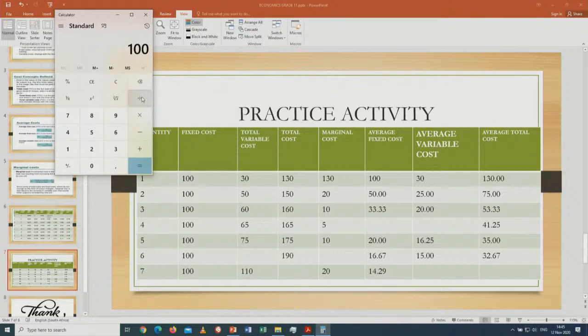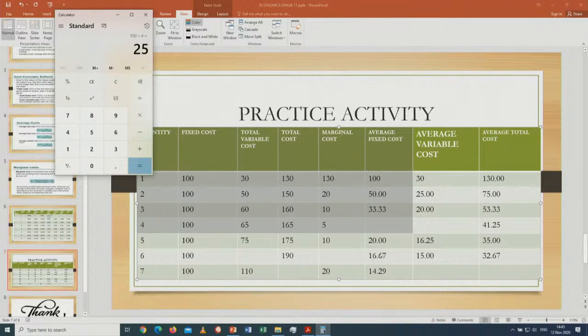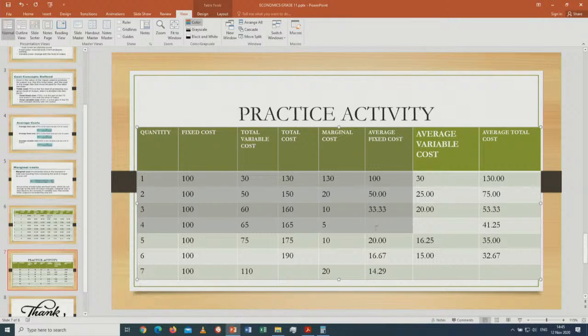We must divide by, where are we now? We are at unit 4. And therefore the average fixed cost will be 25. Let's write it here. It will be 25.